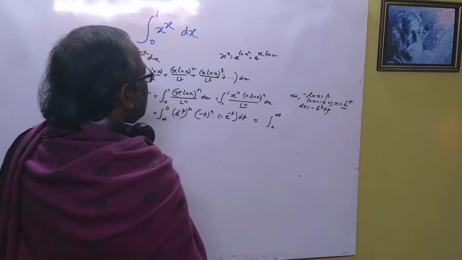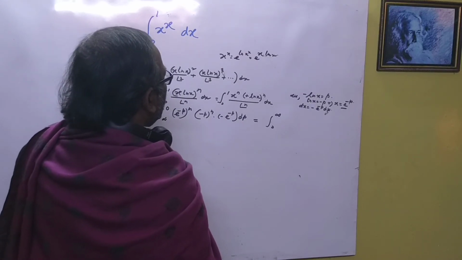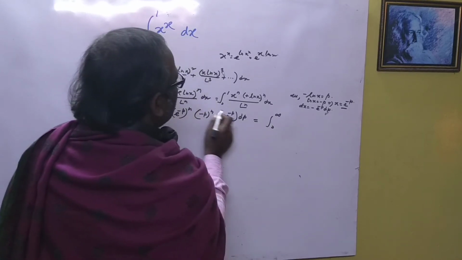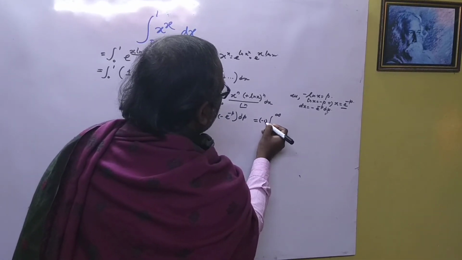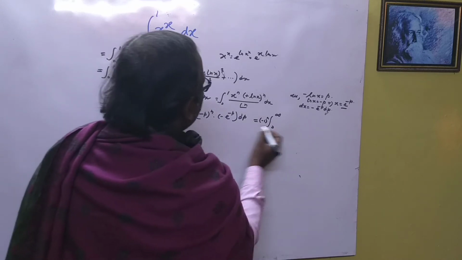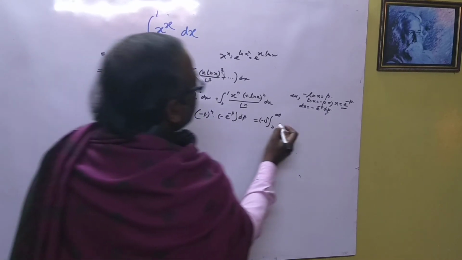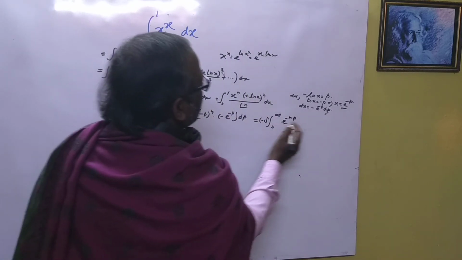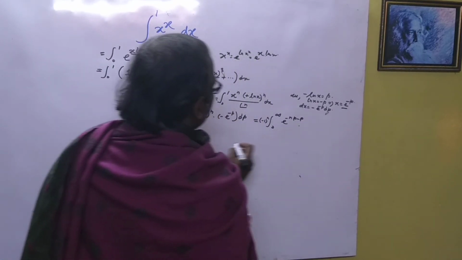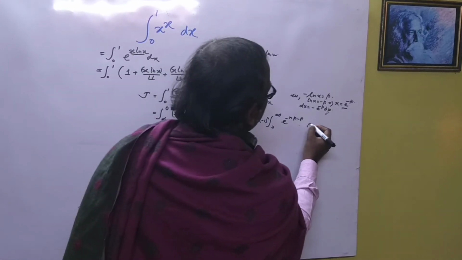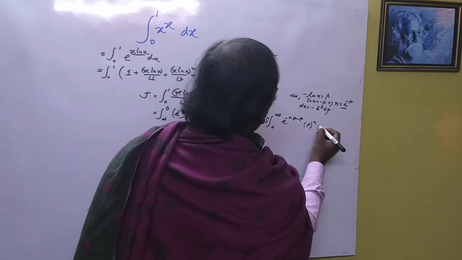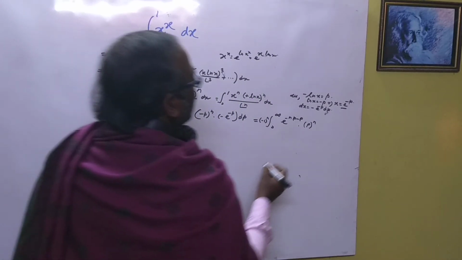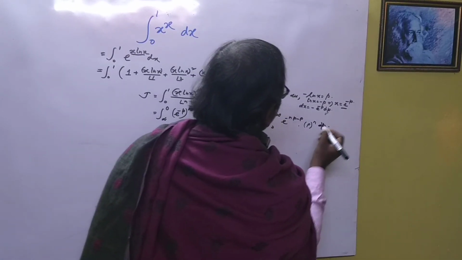Now here we get minus 1 whole to the power n. And the combination of the two powers gives e to the power minus np, and then p to the power n, dp.